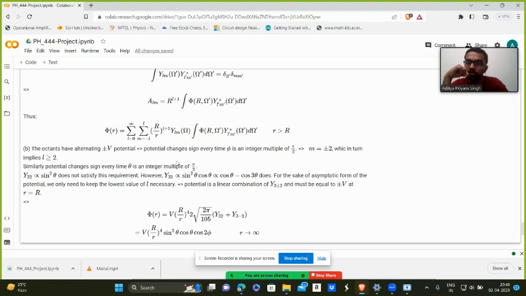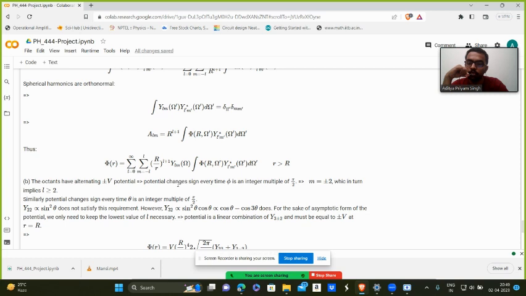Similarly, the potential also changes its sign every time theta is an integer multiple of pi by 2. So putting L and M as 2 comma 2 in the Y_LM equation, we get that Y_2,2 is directly proportional to sine squared theta, which won't change its sign when theta is a multiple of pi by 2. It's always positive, never negative, always non-zero.